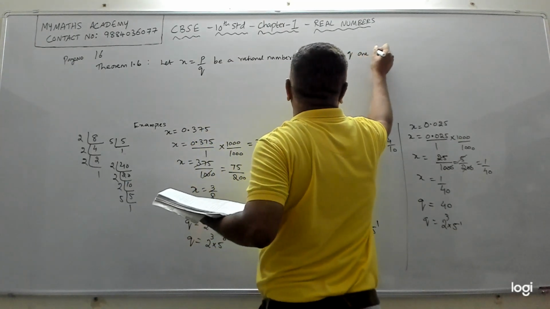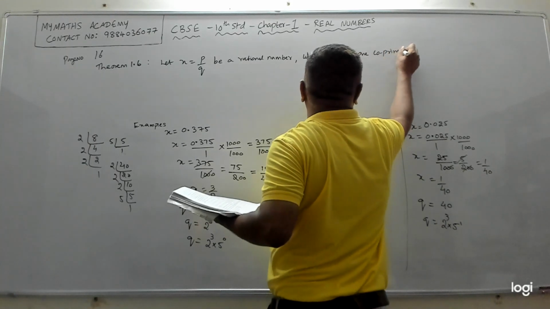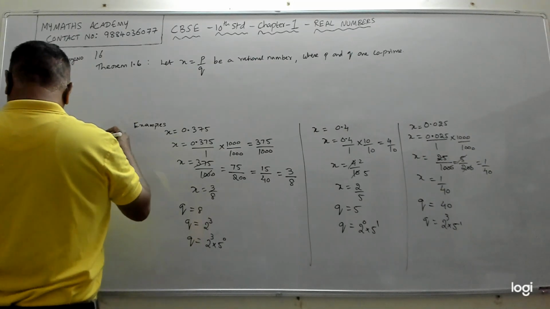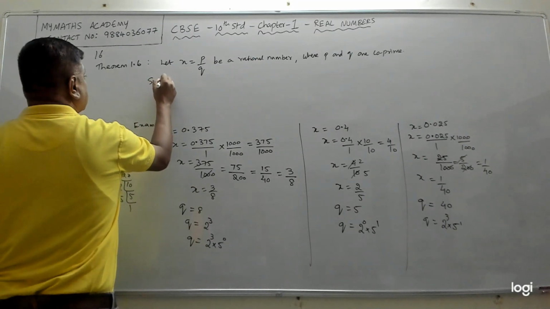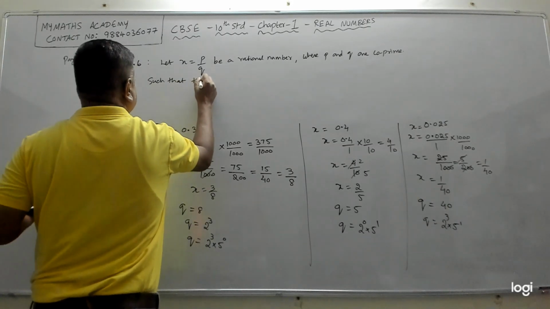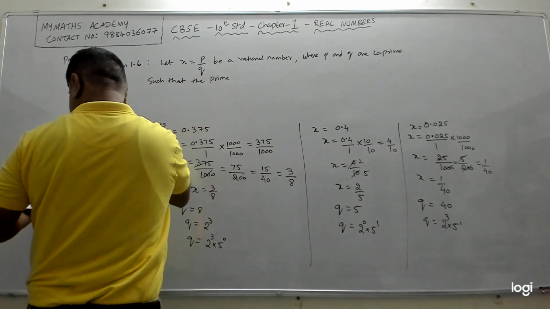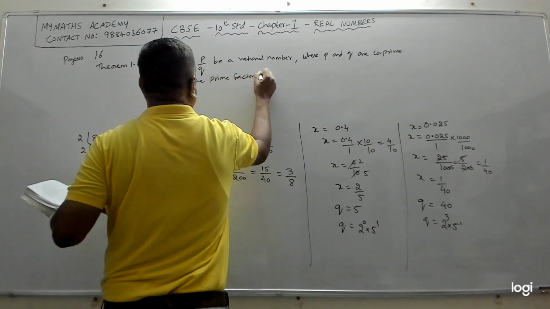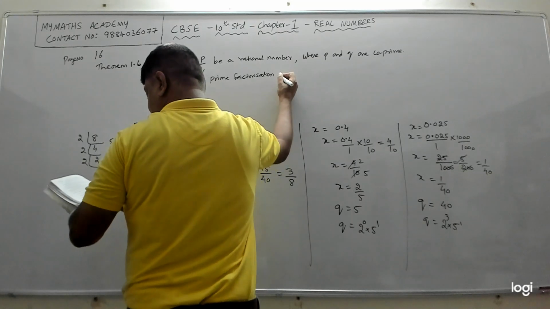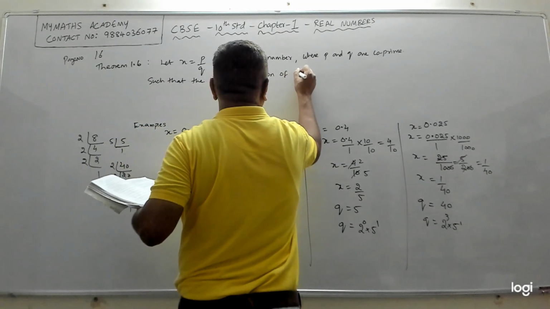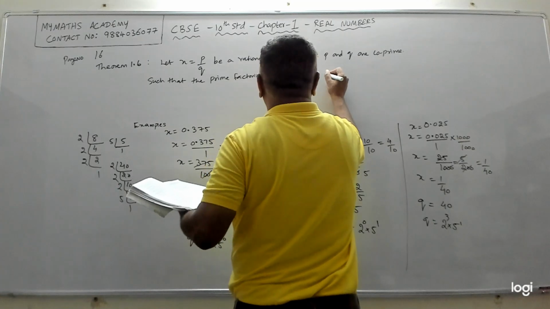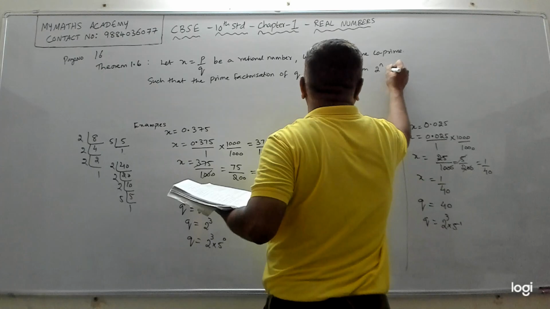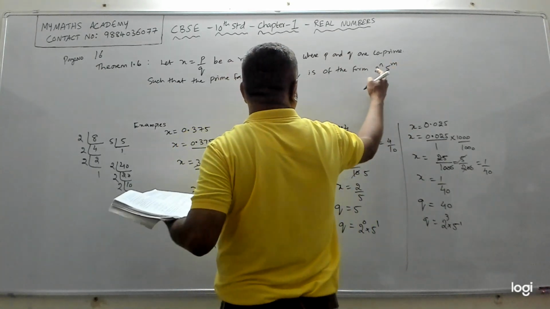P and q are co-prime, such that the prime factorization of q is of the form 2 power n, 5 power m, which means 2 power n into 5 power m.